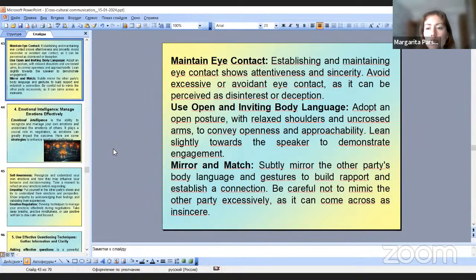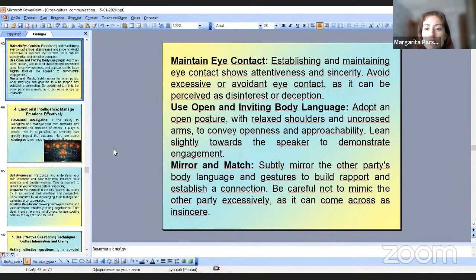Of course, you cannot be unnatural and copy every gesture your partner makes. But if he's open-minded and interested in this communication process, you show that you're also interested, acceptable, and open to the information he's telling you.